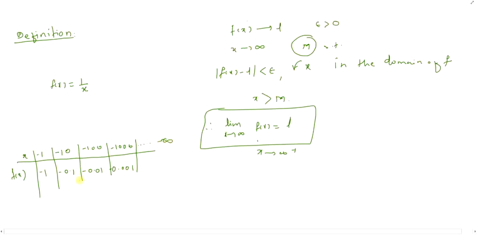f(x) tends to 0, that is, as x tends to minus infinity, with small and smaller values, the values of f(x) increase. In which sense?